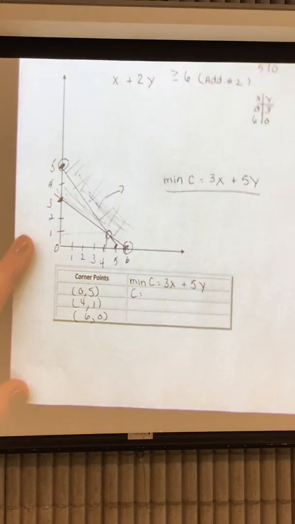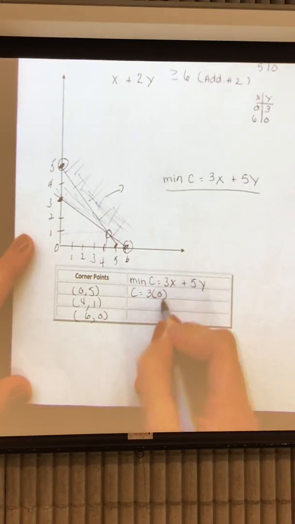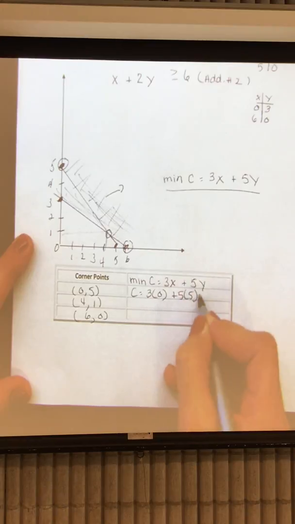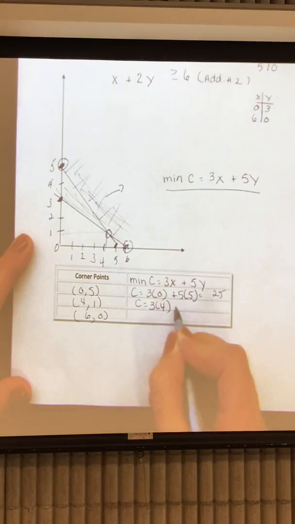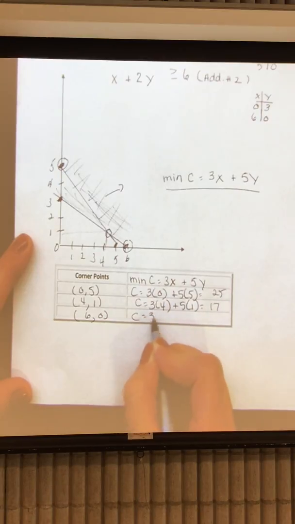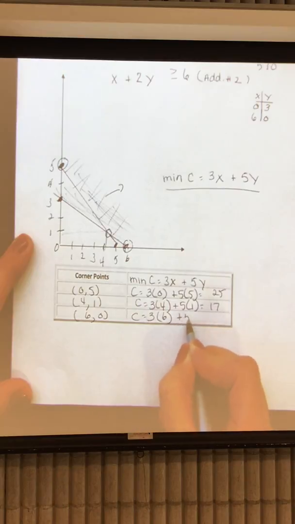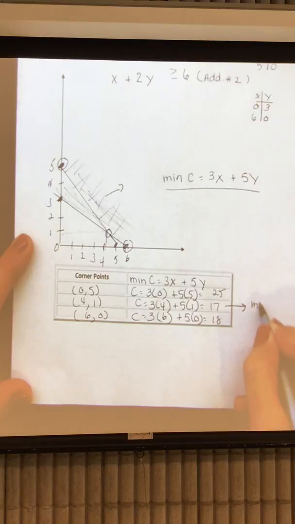So substituting those points into my objective function, we have 3 times 0 plus 5 times 5, and it's 25. Here, 3 times 4 plus 5 times 1 is 17. 3 times 6 plus 5 times 0 is 18. And here is our minimum number.